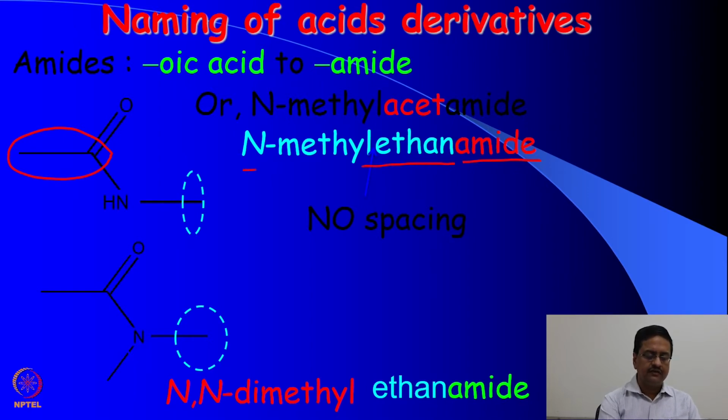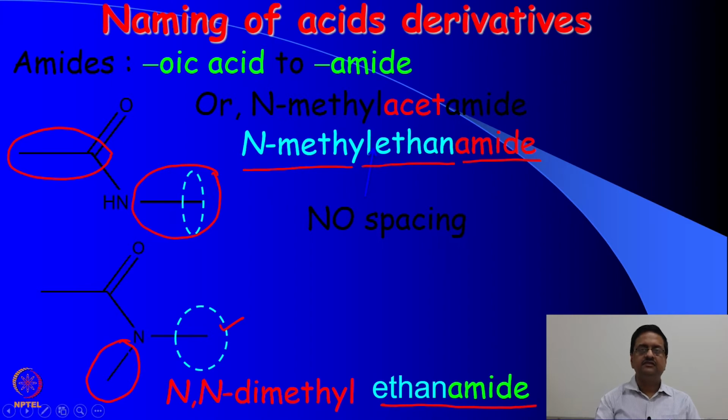Depending on that it is N-methyl, because on N I have a methyl group present. Instead of a methyl group, if you had 2 methyl groups, as you can see here, we should write it as N,N-dimethyl ethanamide. So, this is how one should start naming the amides.